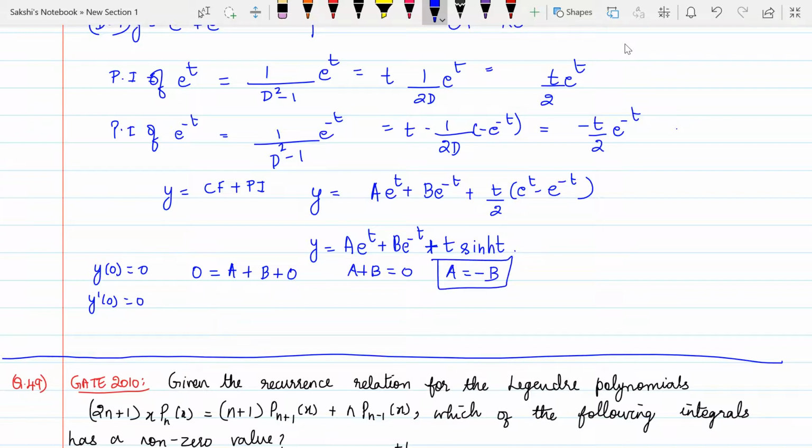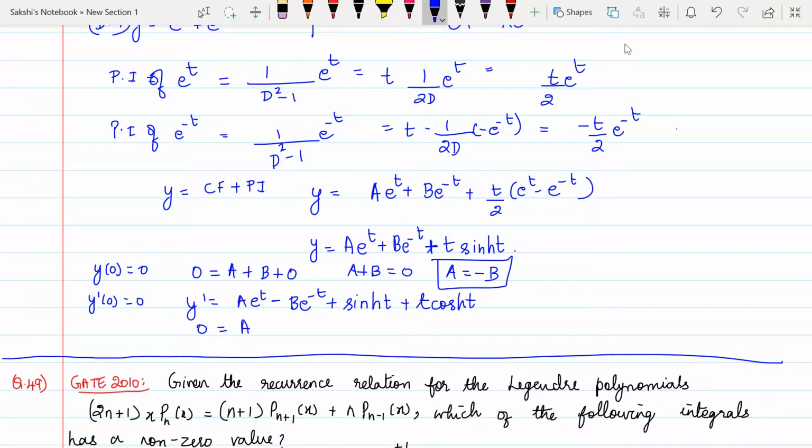Okay. So now we have to find y prime. So y prime here will be a e power t, and when you differentiate this, you get minus b e power minus t. Now we have to differentiate this. So I'm going to differentiate t once, then t cos ht. So y prime of 0, y prime will be 0 when t is equal to 0.